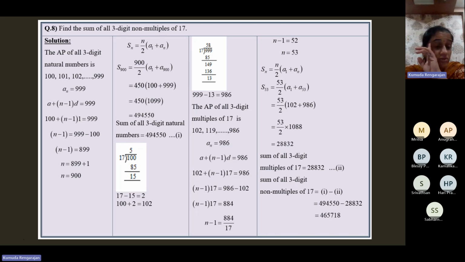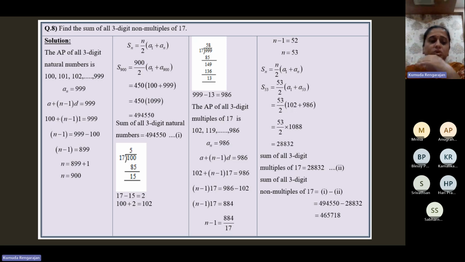So find the sum of all 3-digit non-multiples of 17. So you need to find the sum of all the 3-digit numbers. Then from the sum of all the 3-digit numbers, you need to subtract or take away the sum of all 3-digit multiples of 17. So the difference will give you the sum of all 3-digit non-multiples of 17.